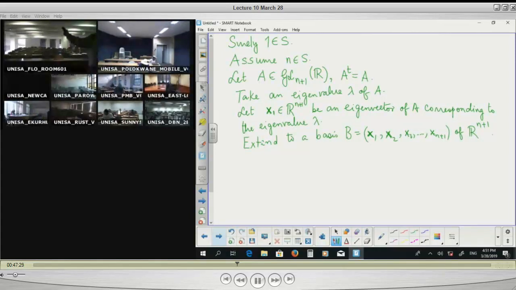You can extend it to a basis. So let's take the coordinates. So what is the matrix?